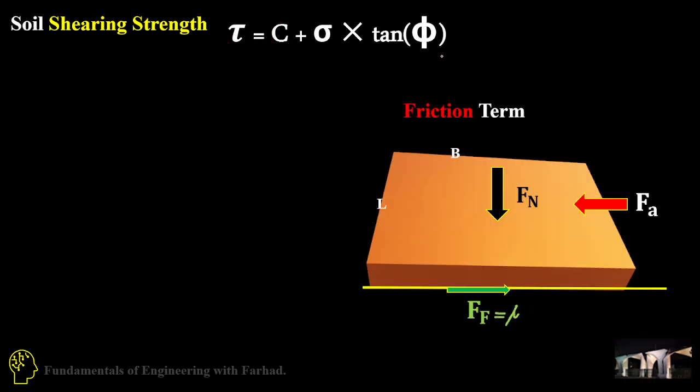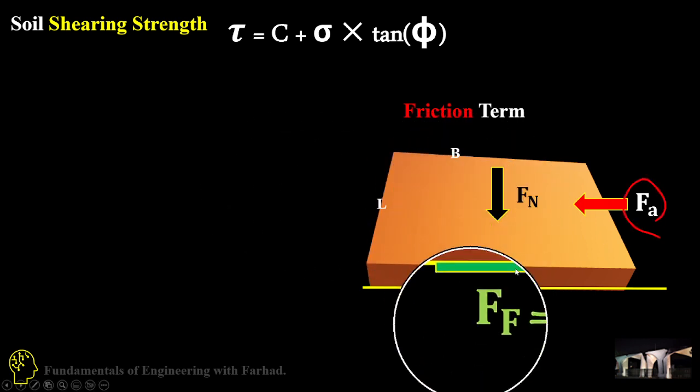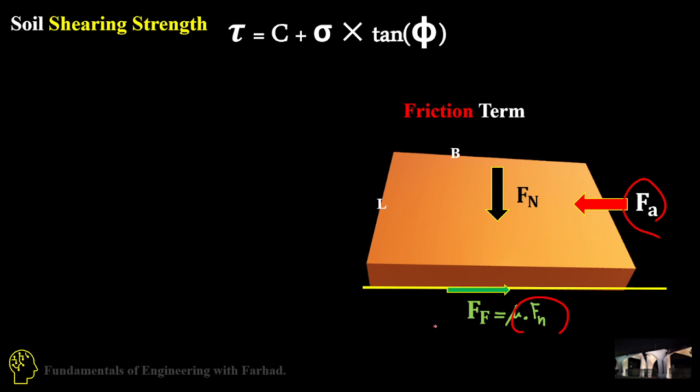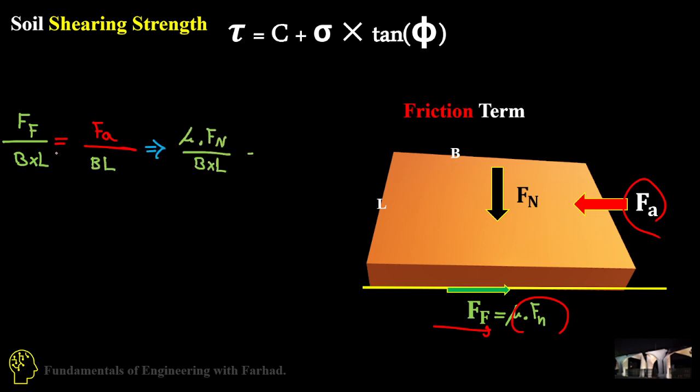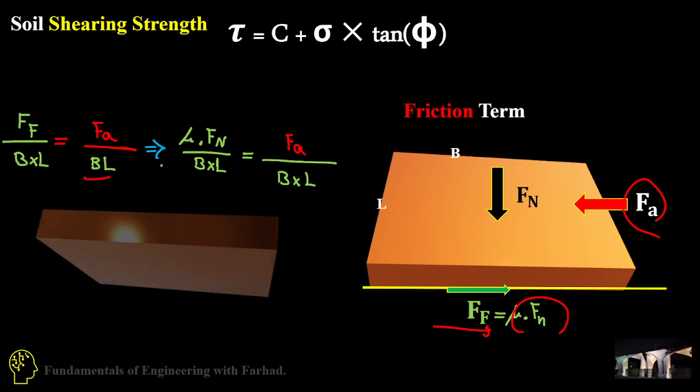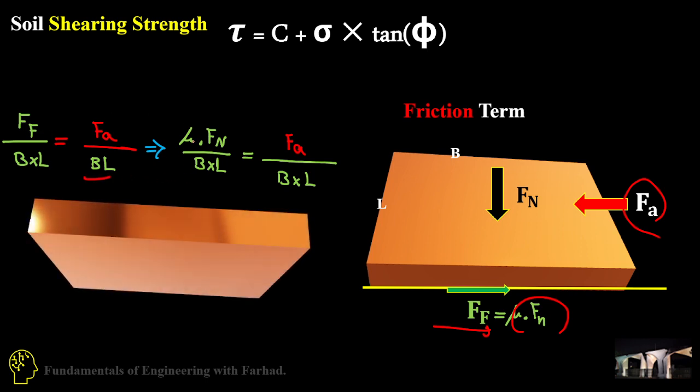And the second component of tau: if you look at the soil element again, as soon as you apply a horizontal force, the heavier the load, the more friction, and the frictional force is the opposing force which prevents the soil sample from sliding. If you divide the frictional force over the area of BL, it should cancel out the same applied force over the same area, and FF is the frictional force.